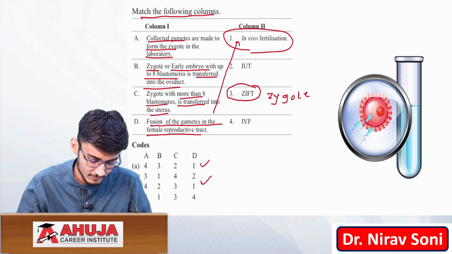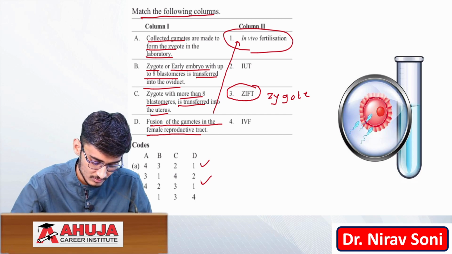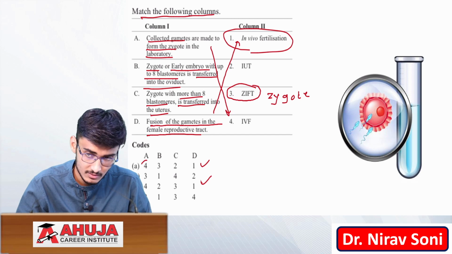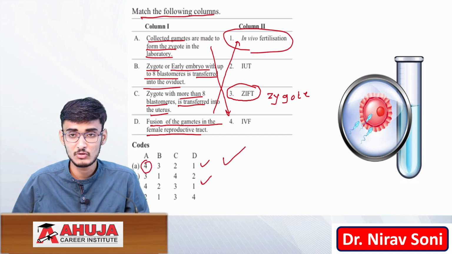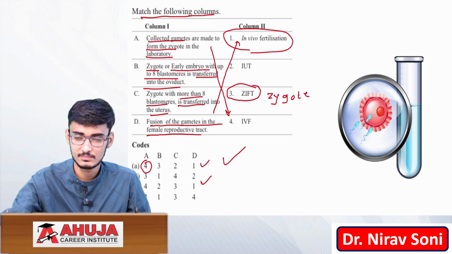Collected gametes made into the zygote in the laboratory is called IVF technology. The option A should be right over here according to the correct option.